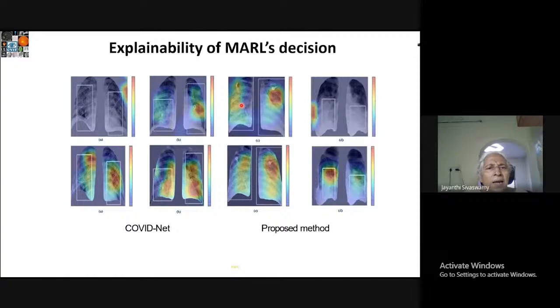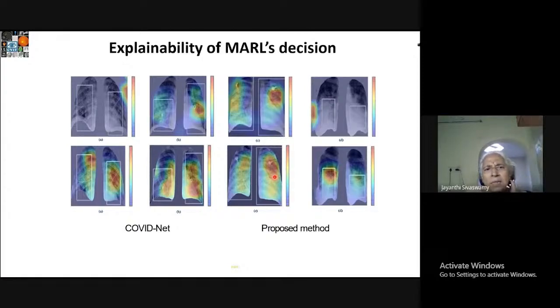If you see this is COVIDNet, you can see that it found the bad region to be outside the box, whereas ours is always inside the box. So this is one way to convince. You give a decision, and then you show this heat map as an explanation, and then the doctor will say, yeah, I agree with this, and maybe I will use it.